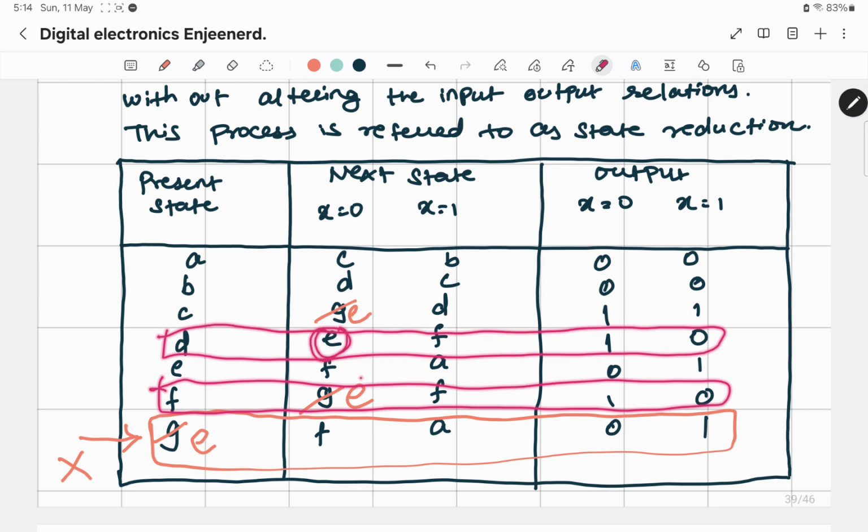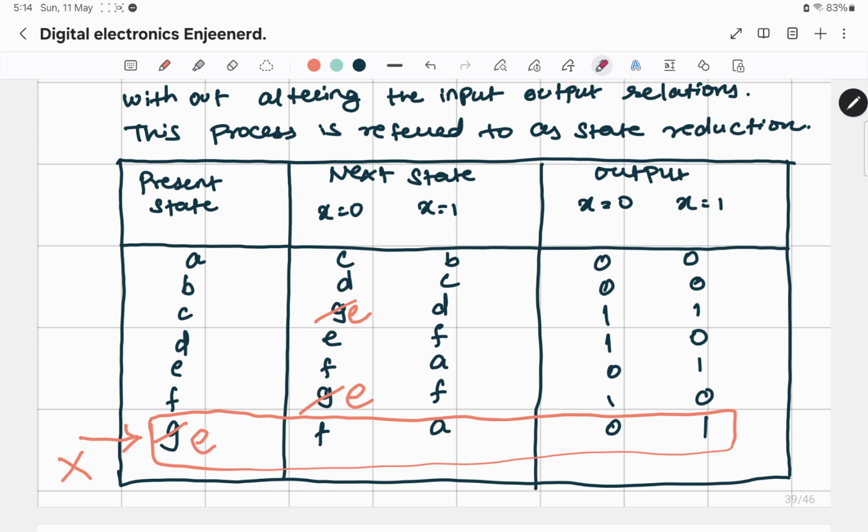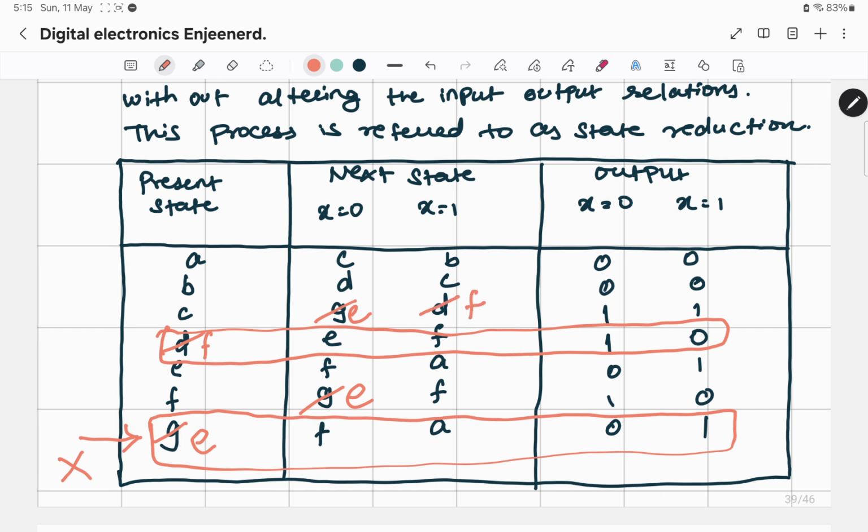See, I have E here, E here, F here, F here, 1 0 1 0, which means I can replace my D by F or my F by D. So let's replace D by F. D will go away, which means this entire line will vanish, and wherever there is D, I will replace it by F. So I replace this by F, this by F, and then there is no other D.